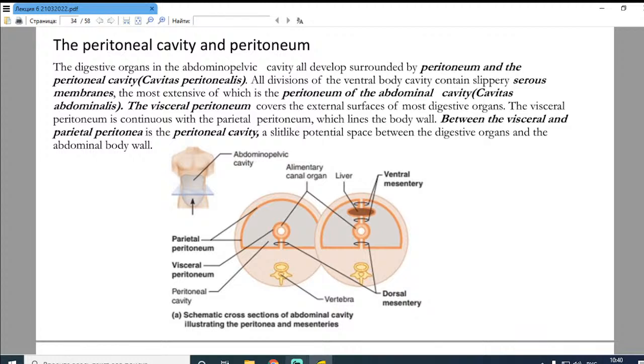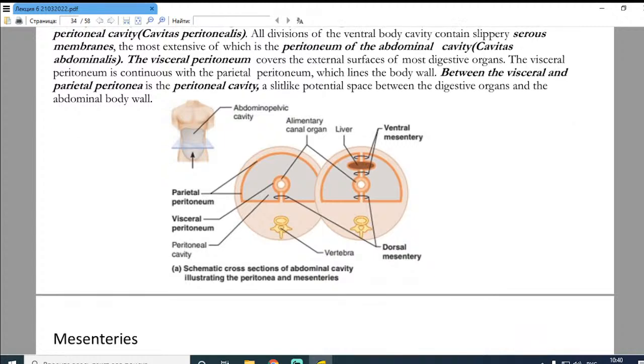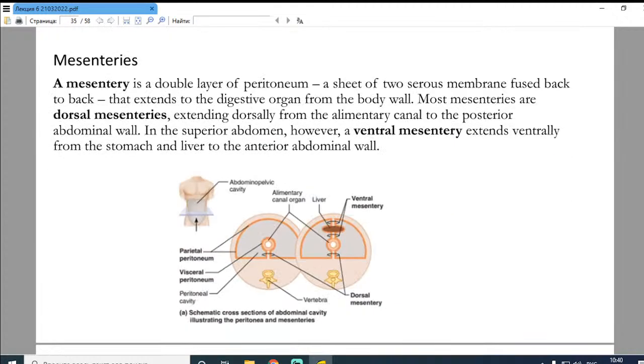You see, peritoneum includes visceral peritoneum and parietal peritoneum. Visceral and parietal. Mesenteries.